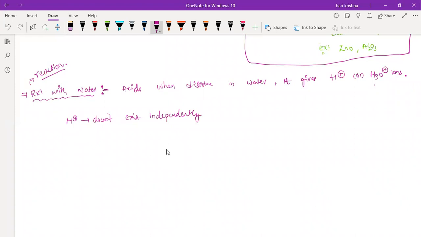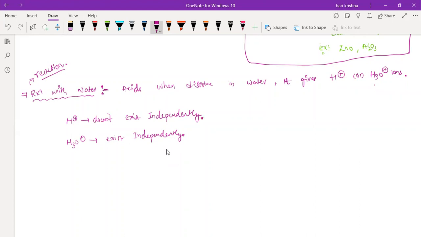Simple H plus ions cannot exist, but H3O plus ions can exist independently.